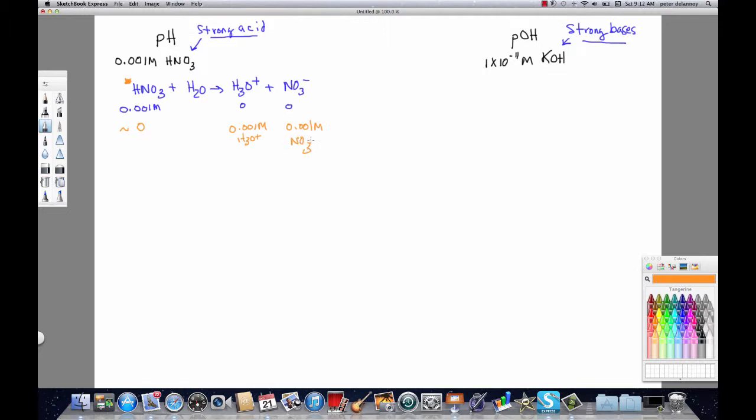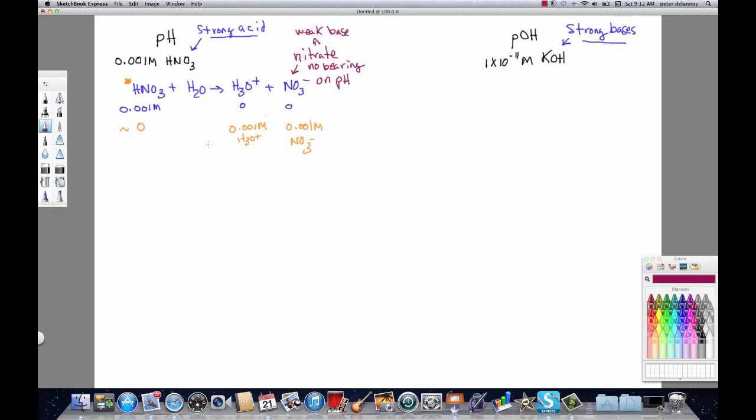Now, another part of this is to recognize that the nitrate itself has no bearing on the pH of the solution. And additionally, remember from other things that we've done that this base is a weak base. Strong acids have weak bases.